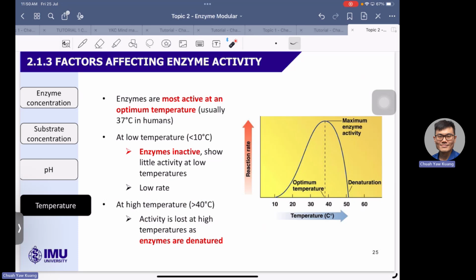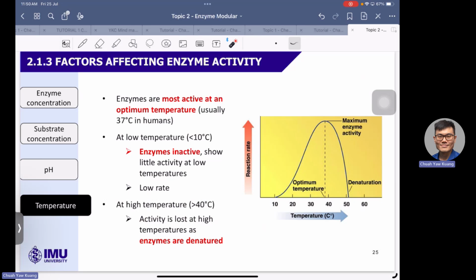So there is a higher chance for the enzyme and substrate to form the enzyme-substrate complex, or a higher chance for them to collide. You can also say there is a higher chance for effective collision between the enzyme and the substrate. There are many ways to explain that.